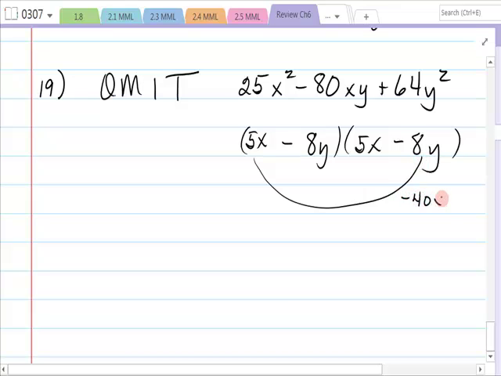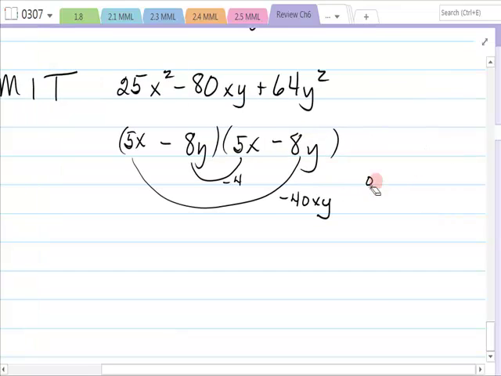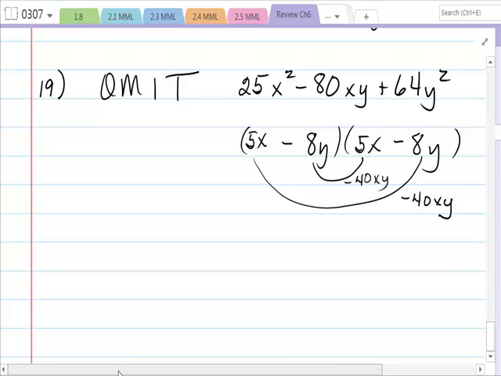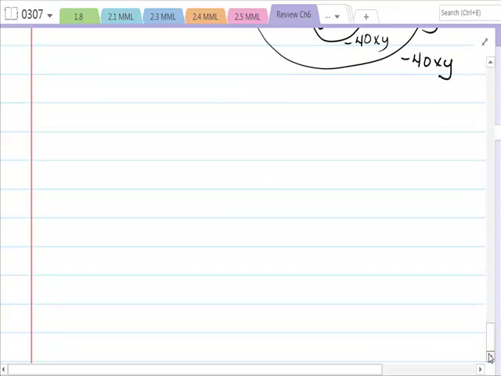Minus 40xy. What's the inner product? Minus 40xy. Do those combine to be negative 80xy? Yes, those are the factors, but it's an inappropriate problem considering what we studied. Okay, so good for you. Not on the test.